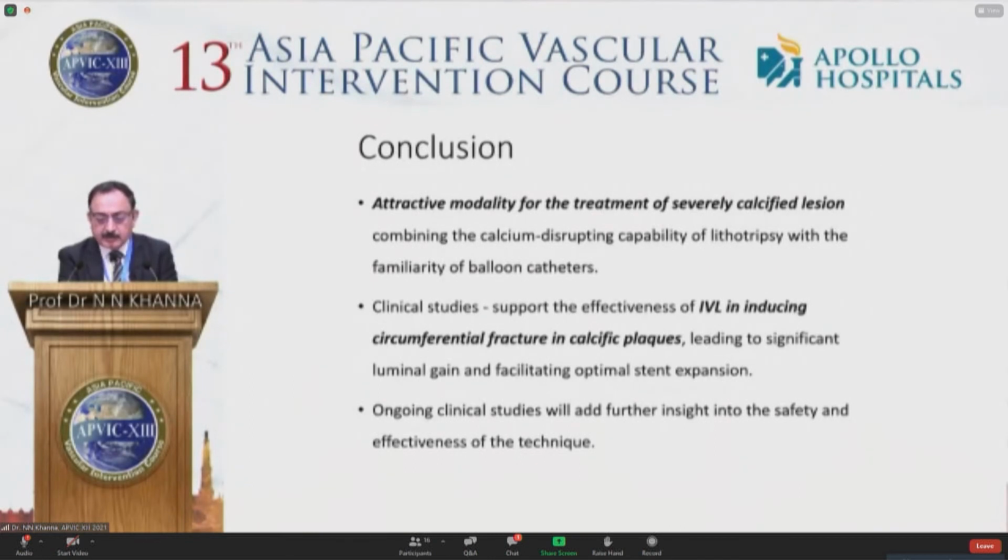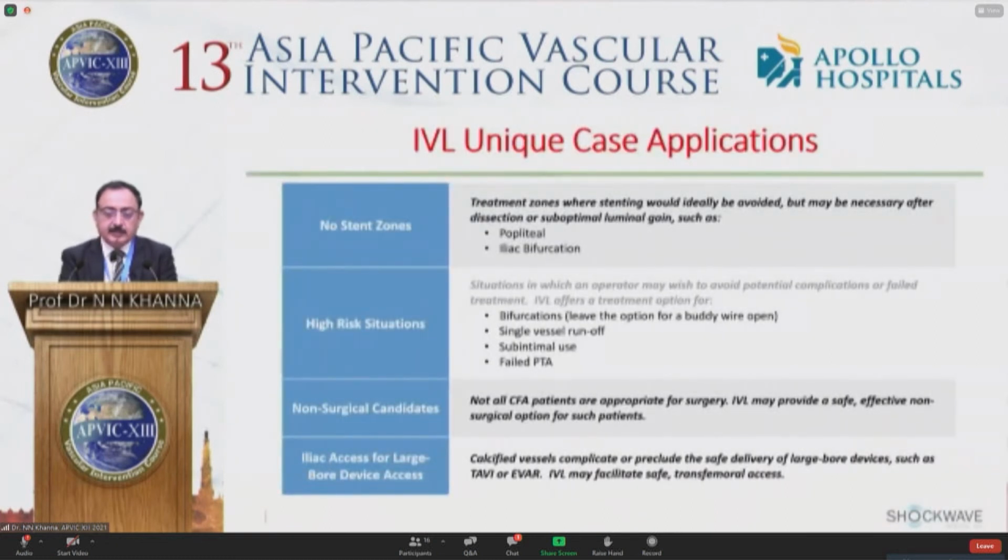Ongoing clinical studies will add further insights into the safety and effectiveness of these techniques, but it does help in acute situations, and there are some unique applications where it can be used. It is a good tool, and maybe a good tool to use in no stent zones. That means the flexing areas of the lower limb vessels, which could be popliteal or iliac bifurcation, femoral bifurcation, or popliteal bifurcation.